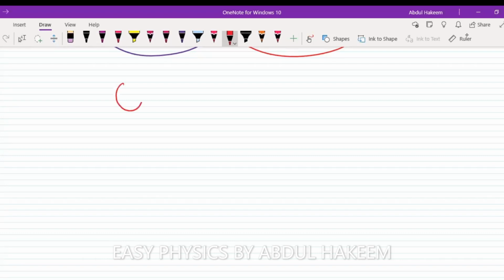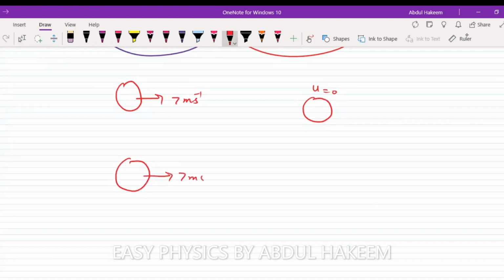For example, this object is moving with velocity 7 meters per second. This is at rest. And in the second case, this object moving with 7 meters per second velocity, this object moving in this direction with 2 meters per second.